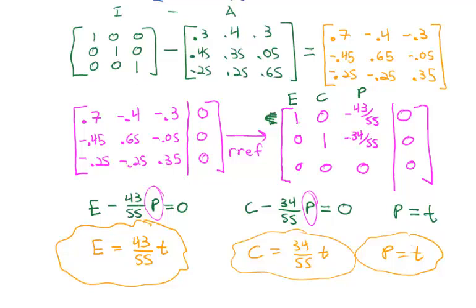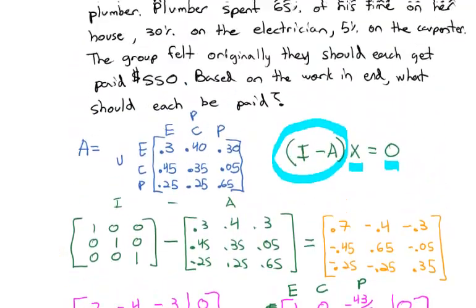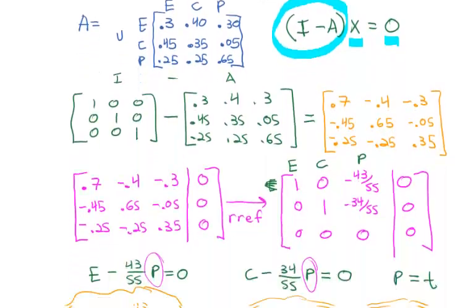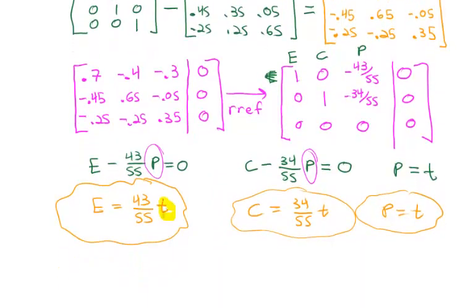So how much money does each deserve to be paid for their work? Well, remember, they each originally agreed that the work they were doing would pay $550. That is what's going to be used for our T to find out the fair amount of pay based on their work.